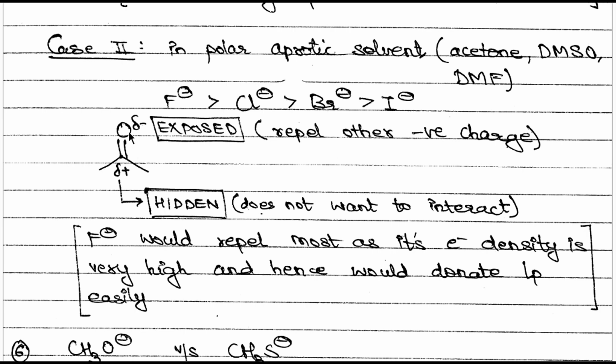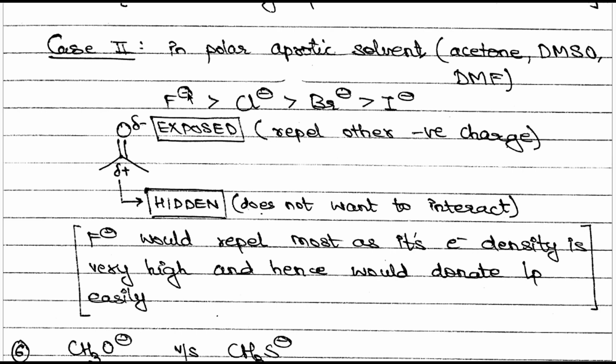But if I talk about oxygen, it is in the outer part, so it is exposed, and because of the exposure and a higher amount of negative charge, it will have the tendency to repel other negative charge. Now, out of these halide ions, the F minus has a very high intensity of negative charge.